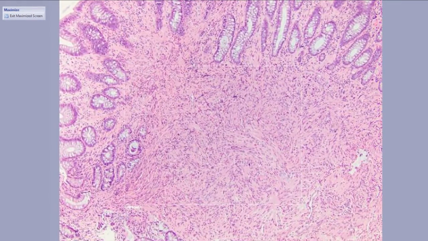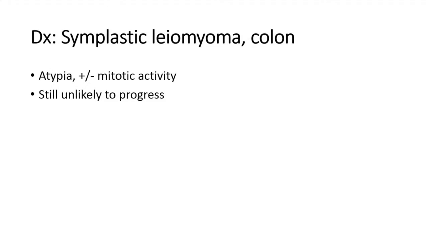One of them had prominent mitoses, one did not, but the term they used for this was symplastic leiomyoma of the colon. Rare to see something like this, but it can occur. And again, this is still going to be a small incidental lesion of the muscularis, unlikely to cause any problems, but just showing this to show that in rare cases, the small superficial benign leiomyomas can look a little funny.